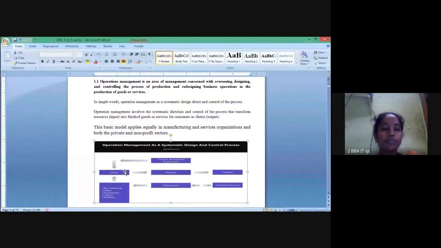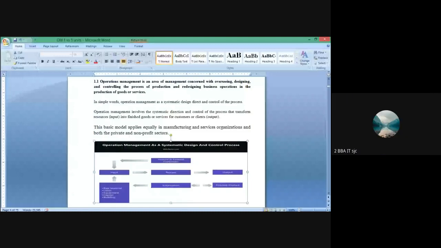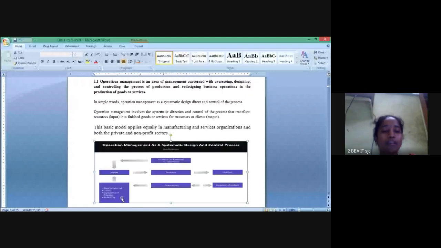Inputs depend upon the organization, but inputs are required to complete the operations of an organization. The inputs are raw material, labor, equipment, capital, and building.